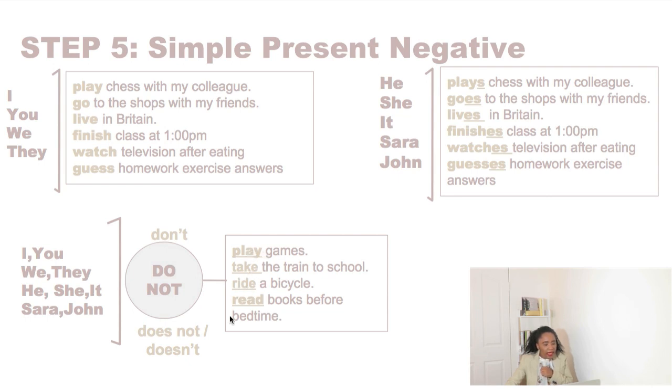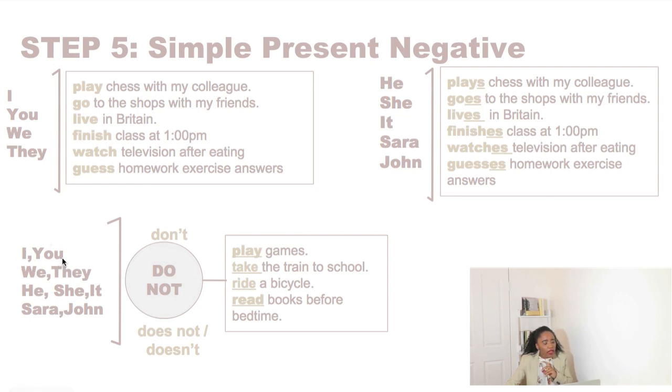Like play, take, ride, and read. Can you see the verbs here in yellow? They pretty much go back to their simplest form. And then, of course, because it's the negative aspect, you need to add do not to your statement. Okay? Or you have the contracted version don't or does not.